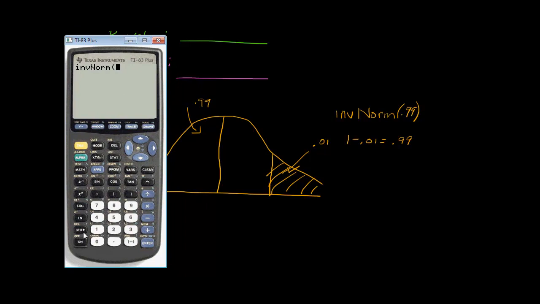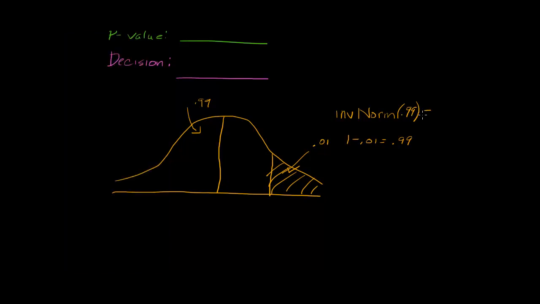I'm not sure we were getting all that. That's clear. Okay, second, distributions. Tab down to inverse norm. And we said we're going to put in area to the left, 0.99. And this is where we get our z-score, 2.326. So we'll round to 2 decimal places and call that 2.33.